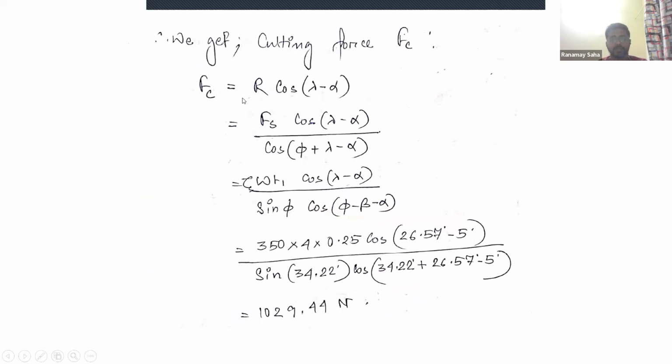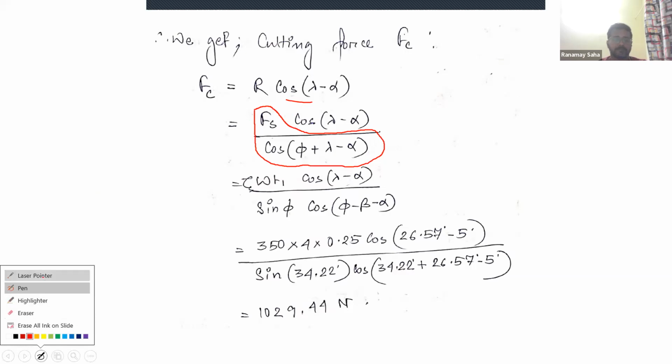So putting it back here, you get R as Fs by cos of phi plus lambda minus alpha, which we have found out right now. So this part comes out from the last equation, isn't it? And then we have this part cos of lambda minus alpha, right?